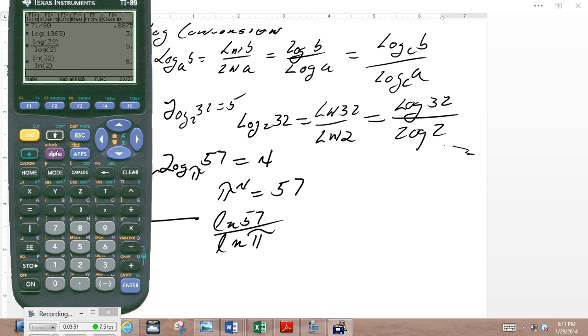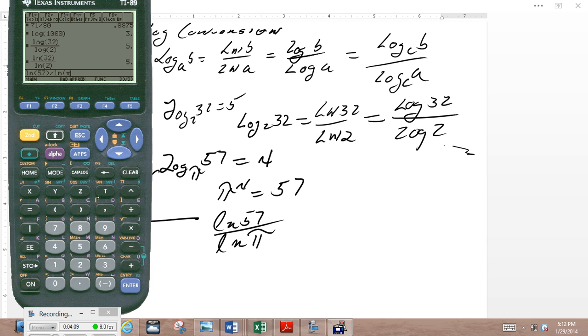So we go to the natural log of 57, divided by the natural log of pi, and there's pi.